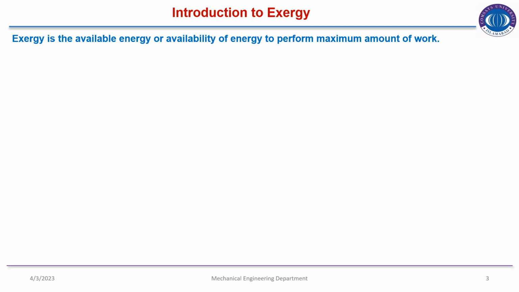The efficiency of the Carnot heat engine will be the maximum efficiency and the work produced by the Carnot heat engine will be greater than the work produced by the actual heat engine. That is some brief discussion, and you can correlate it with the exergy concept. So exergy is the available energy or availability of energy to perform maximum amount of work.